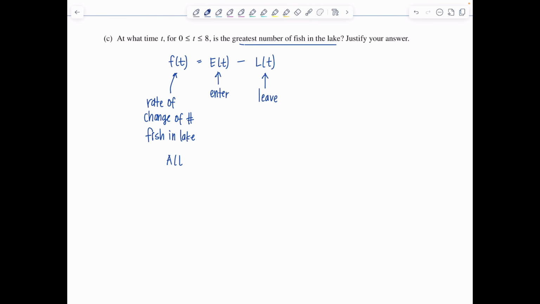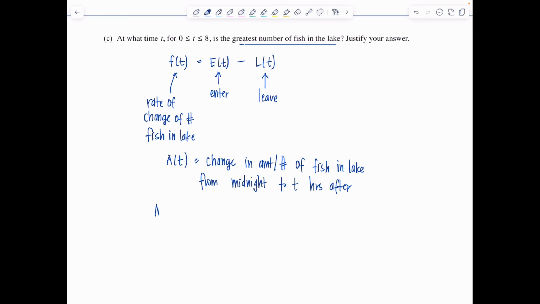How could I compute the number of fish in the lake? So say the amount, A of t, is the actual change in the amount or number of fish in the lake from midnight to t hours after. How would you compute that?